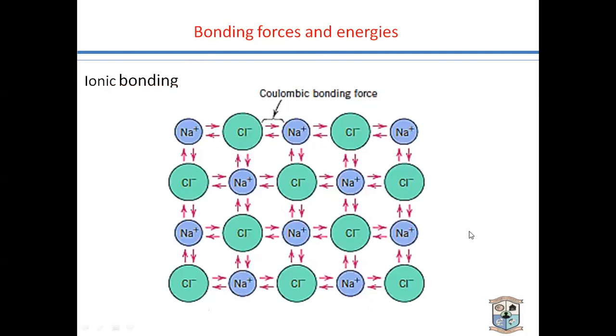This is an example of the Coulombic bonding forces that happen in ionic bonding. There are these forces which are equal, one drawing the chlorine to the sodium, and the other the sodium to the chlorine. These are equal forces, also known as Coulombic bonding forces. It's typically how atoms are arranged in ionic bonding.